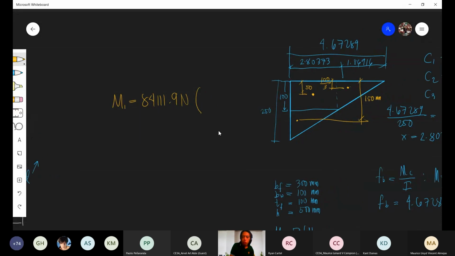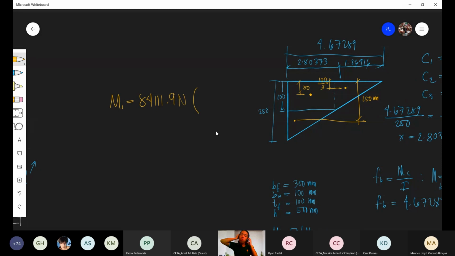The distance is 50, and the total height of the beam is 500 minus 50 here plus 50 there, so 500 minus 100 is 400.